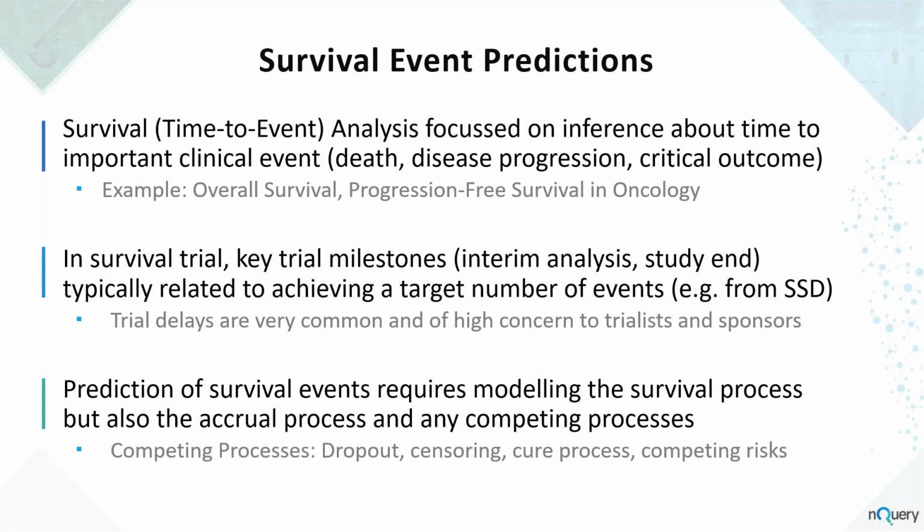So focusing on today's webinar and survival event predictions, we obviously know that survival or time to event analyses are focused on inference about the time to important clinical events, things like death, things like progression, things like some kind of critical outcome, like let's say a heart attack or a cardiac arrest, something which is a definitive moment at which you have been changed. Now, survival models are often used for some things which wouldn't quite fall into that category, some kind of repeating events like, say, COPD exacerbations.